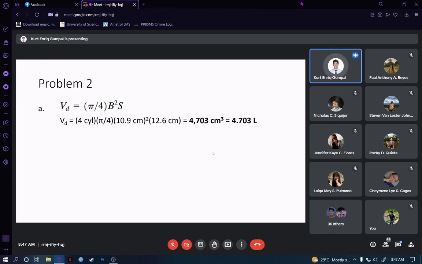Pi over 4 times 10.9 cm squared is your bore, times your 12.6 cm length of stroke. And then you have to multiply it by the number of cylinders. So that is 4 cylinders. That is a total of 4,703 cubic centimeters of total volume. In terms of liters, that is 4.703 liters.